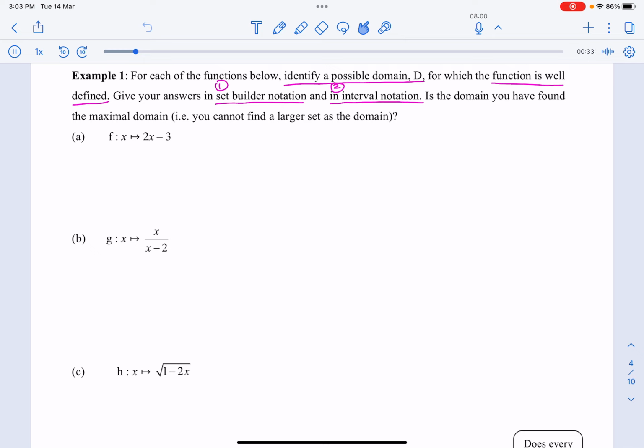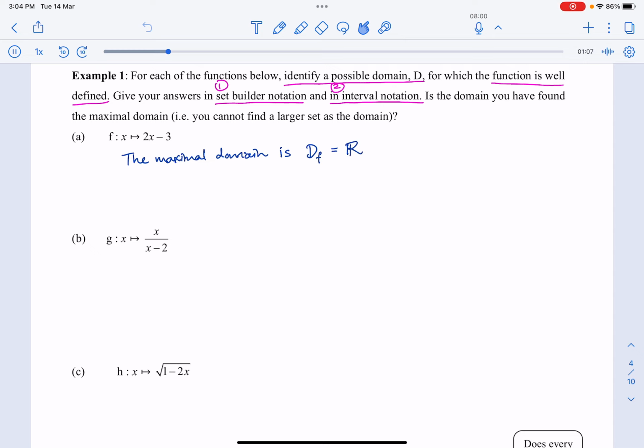So for part A, it is a linear function f. So in this case, the maximal domain is given as capital D subscript f equals the set of all real numbers.